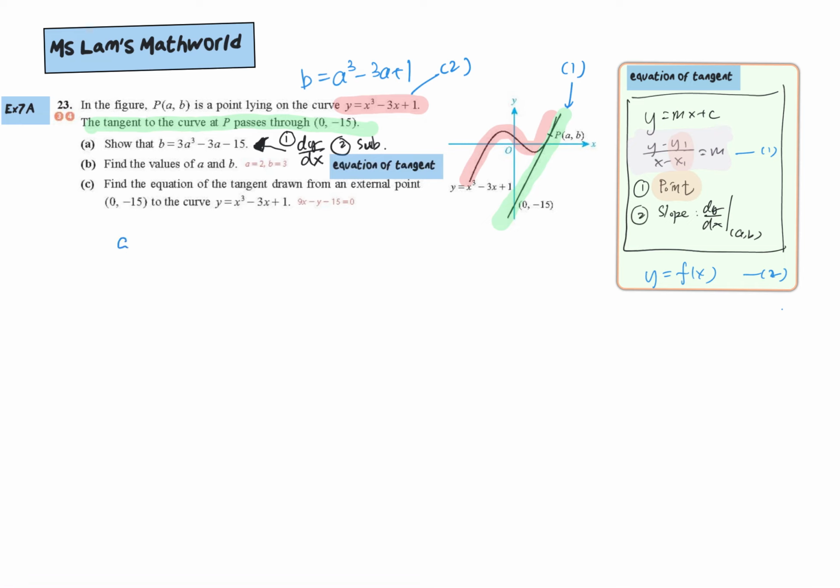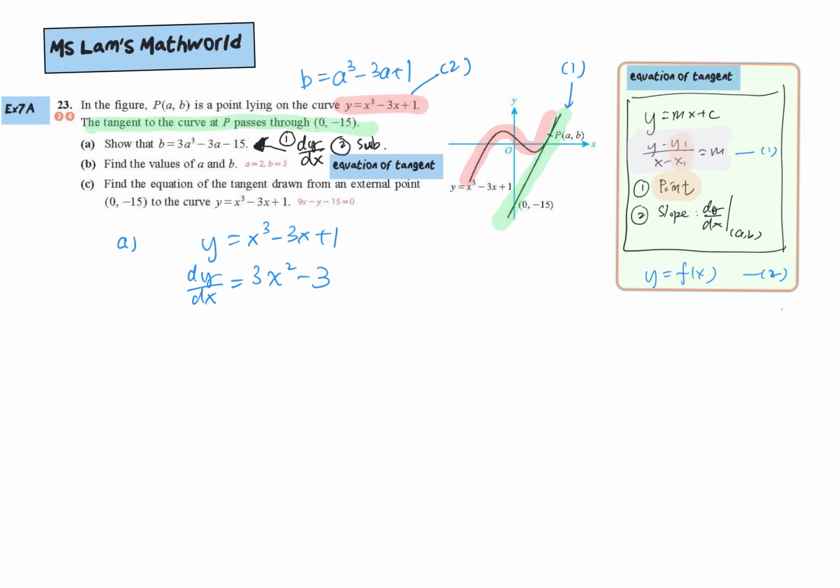It's very important to understand how to start, right? Even though you may say, when we don't know how to do part A, we can still substitute back in part B. Yes, this is true, but the most important thing is we understand how to do it, right? So you got this one, then you substitute it back into the equation of tangent.